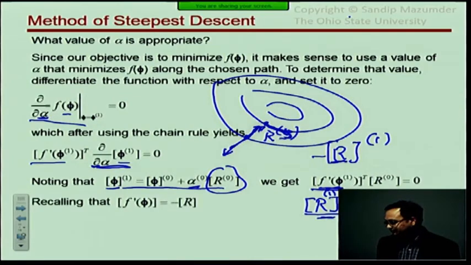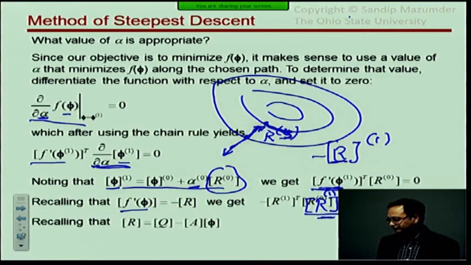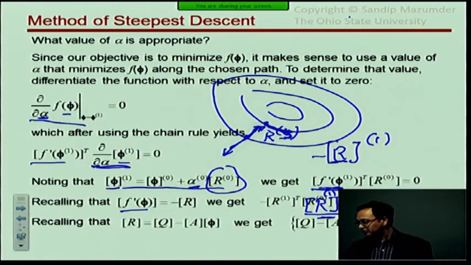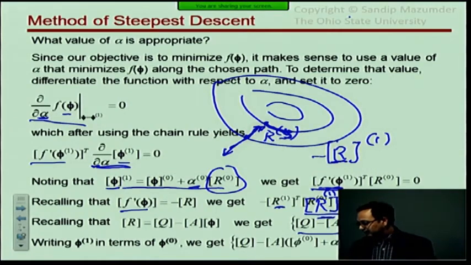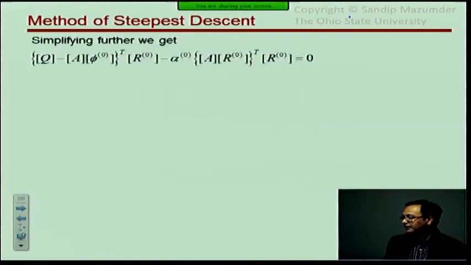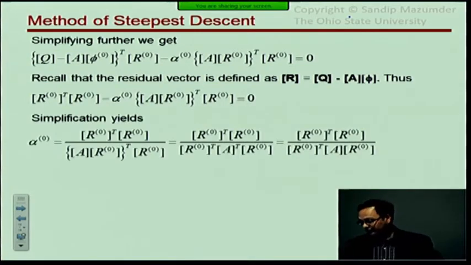We know that already, so therefore we get that. And r is Q minus A phi, so we're going to plug that into my expression. So here is my r1, I've plugged Q minus A phi in there. And phi 1 is also given by this expression here, so I've plugged that in also, and did some algebra here. Once you do all that algebra, this is what you come up with: an expression for alpha. Now what is that alpha?